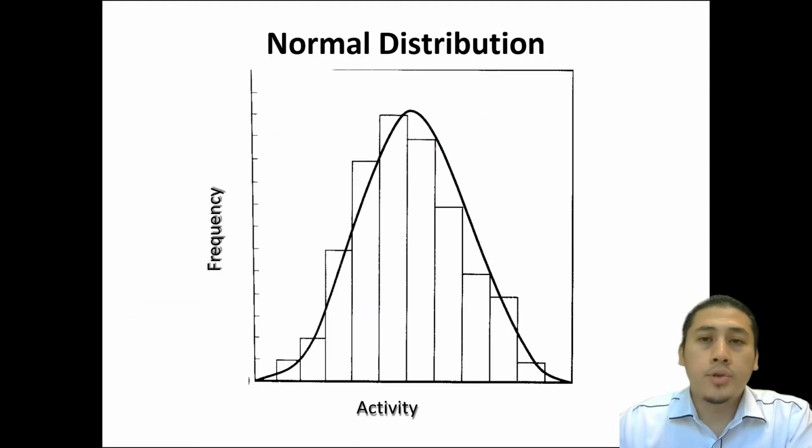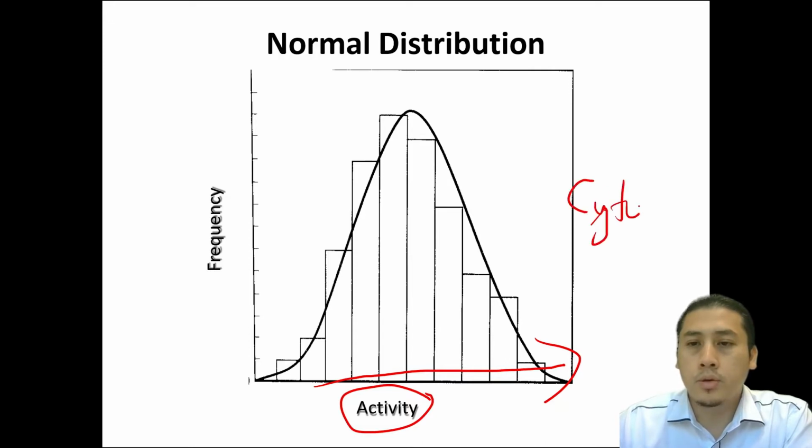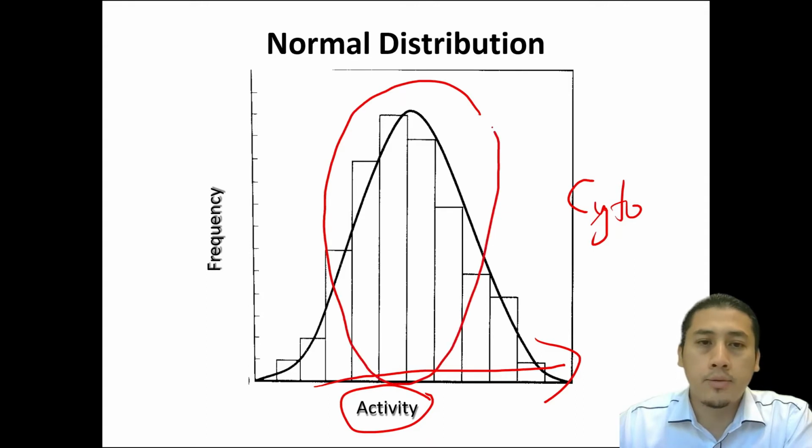So this graph shows you the normally distributed variation. On the x-axis, you have the activity, for example, the activity of an enzyme. Let's take an enzyme of cytochrome. Most of the population have this much activity.